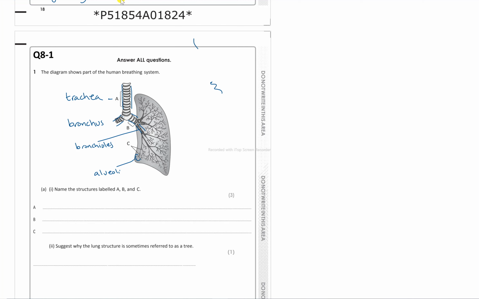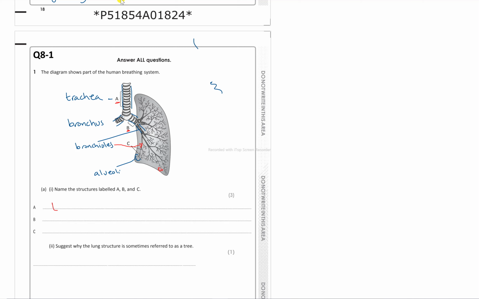Right, so what they've said is that's the trachea, that's the bronchus, and these finer ones they've labeled as bronchioles, and then they've not shown the little sacs.